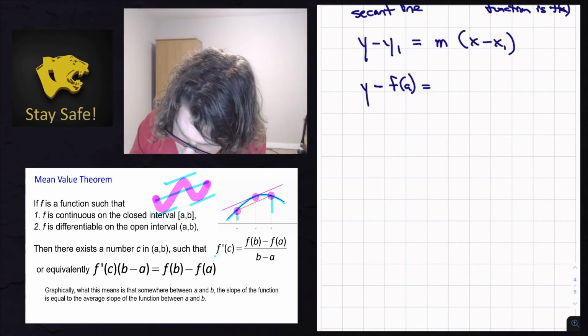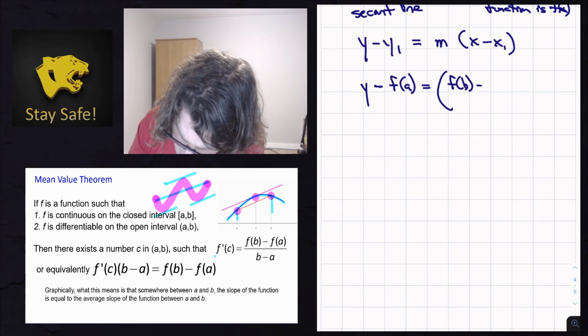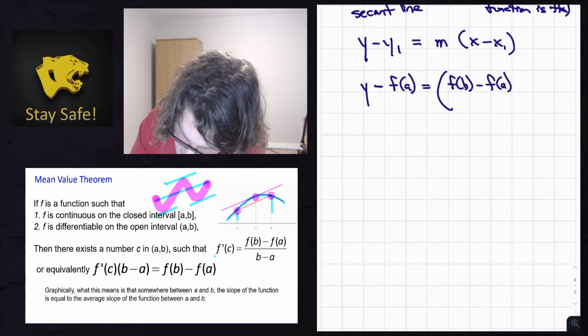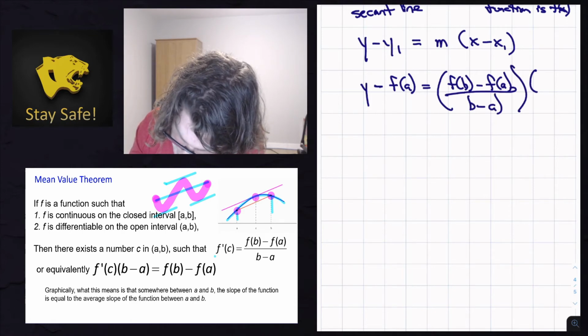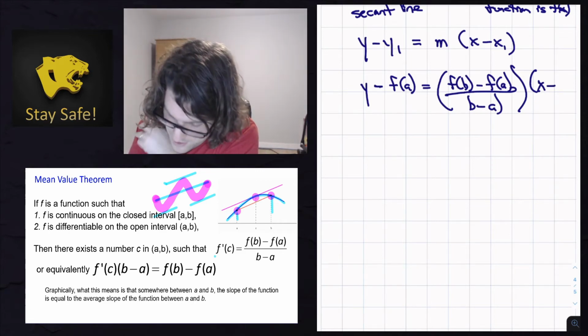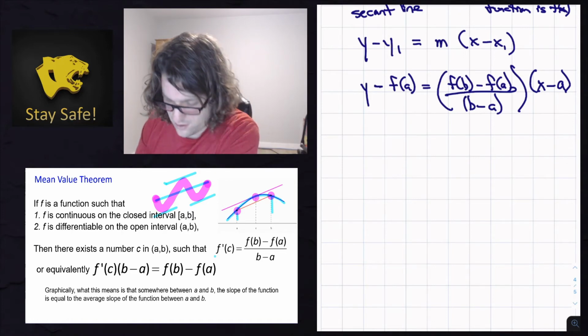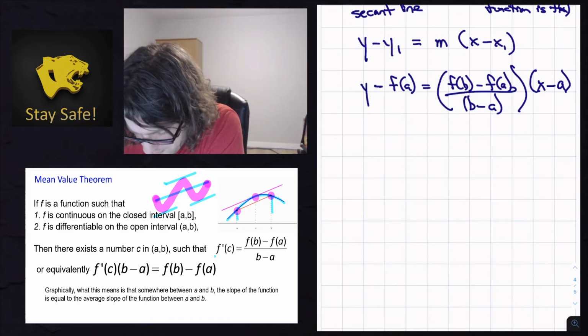So your rise is going to be f of b minus f at a over b minus a. And that's going to be multiplied by x minus x1, which is just a. I put a little extra bracket there that wasn't needed, but that's okay.